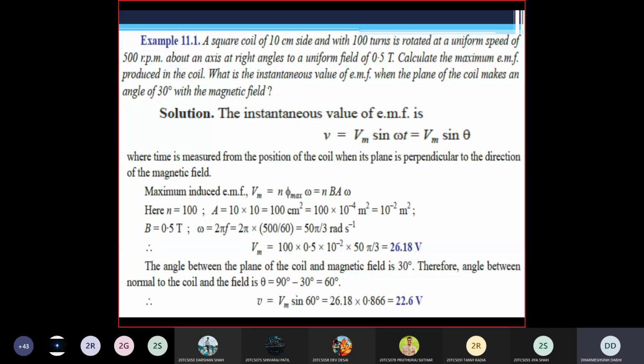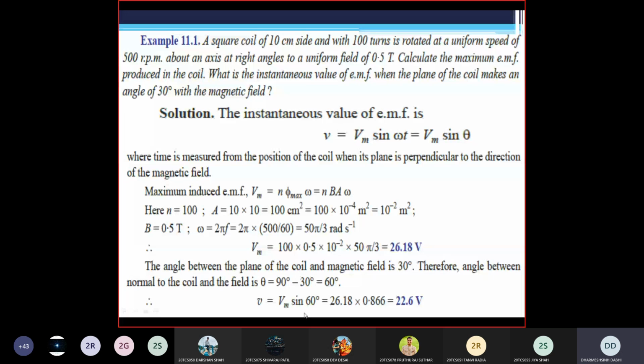Okay. Now the second part asks to find the instantaneous value of EMF when the plane of the coil makes an angle of 30 degree with the magnetic field. Clear?